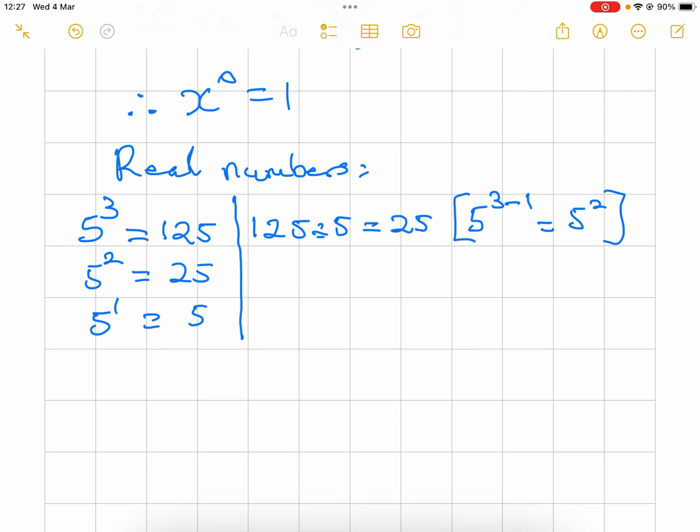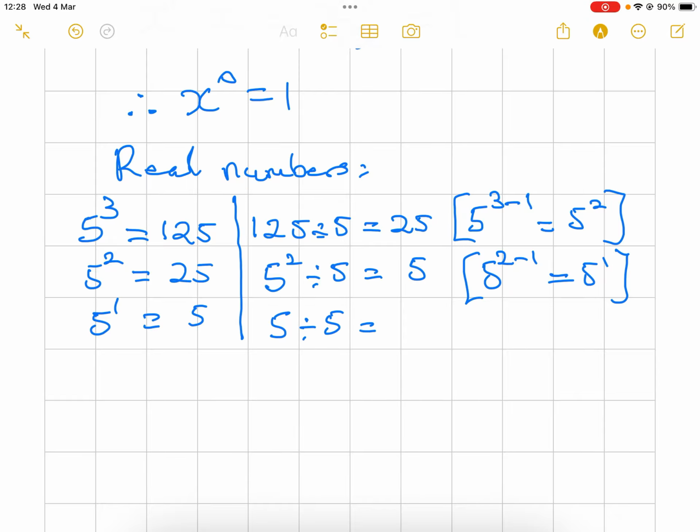Then the second one, 5 raised to power 2 divided by 5 will give us 5. How did we get that? 5 raised to power 2 minus 1, which is 5 raised to power 1. And then 5 divided by 5 will give us 1.